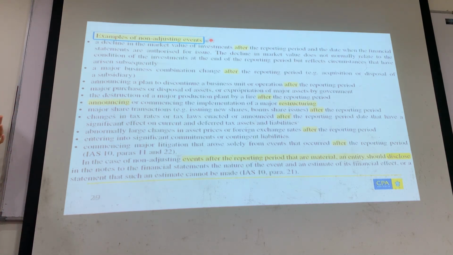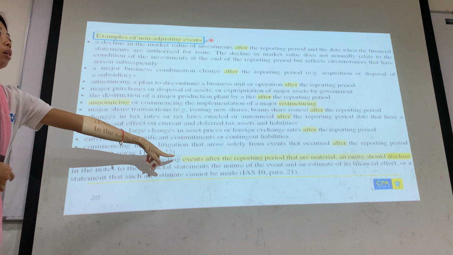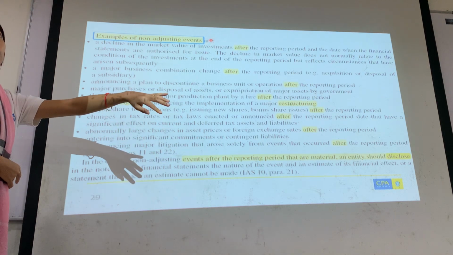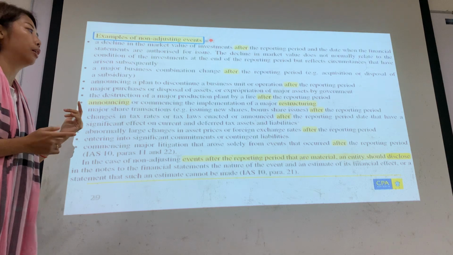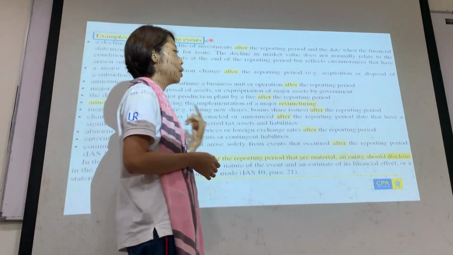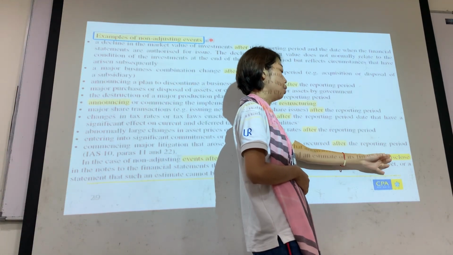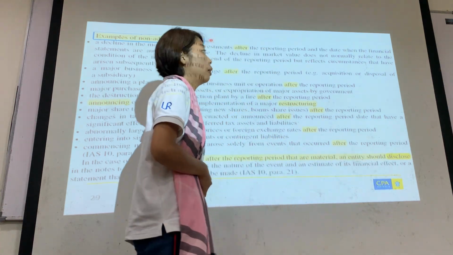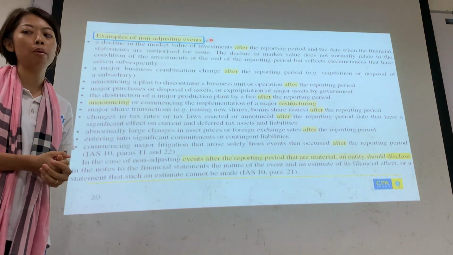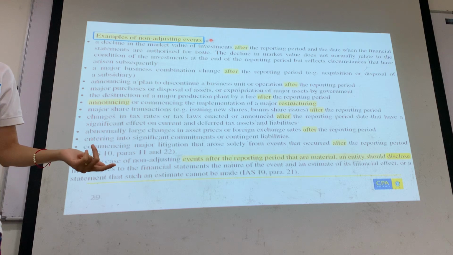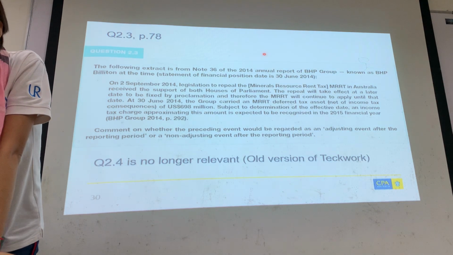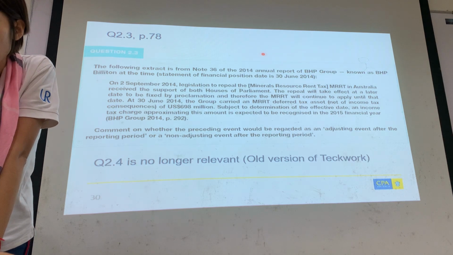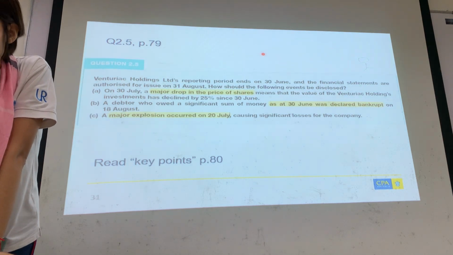But what we do, we disclose it in the notes to accounts of 30th of June 2023. You don't do debit credit, you don't do any numbers, double entry, but you disclose it, you inform the users of the financial statements that there is a major drop in share price and maybe explain why. Then you can actually look at it on your own a little bit for this.